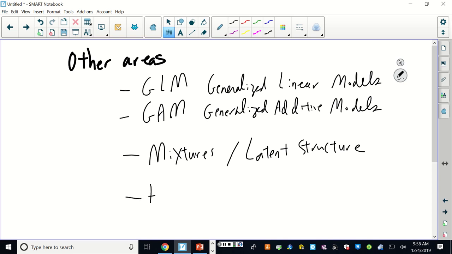And then, to me, a very interesting area is hierarchical models, where you have multiple levels of measurement. You might have individuals within schools, within school districts, within states. And there's characteristics, variables that pertain to every different level.